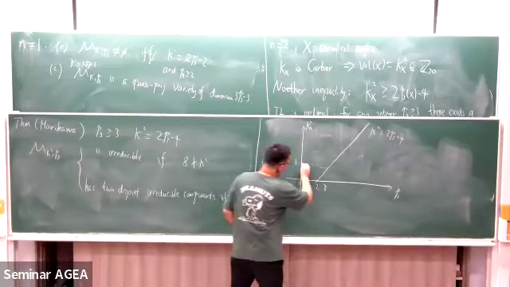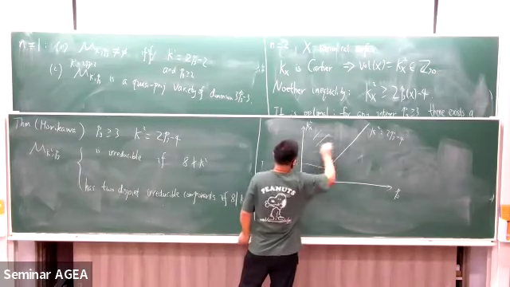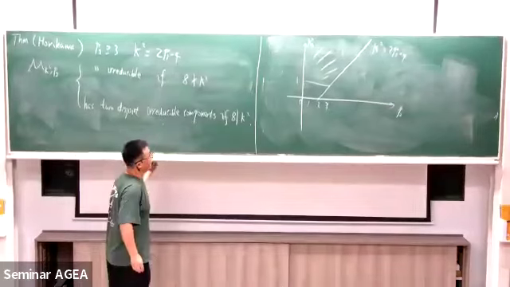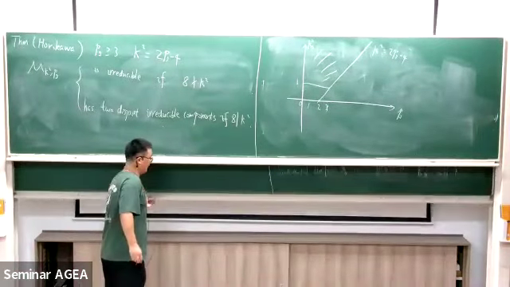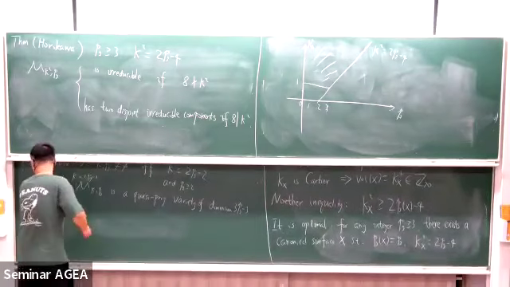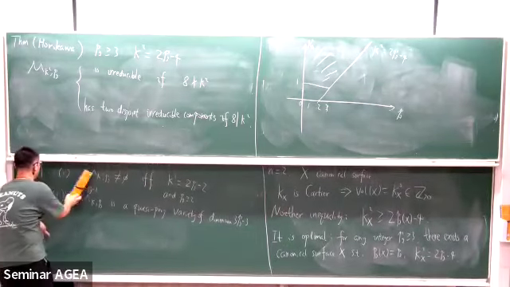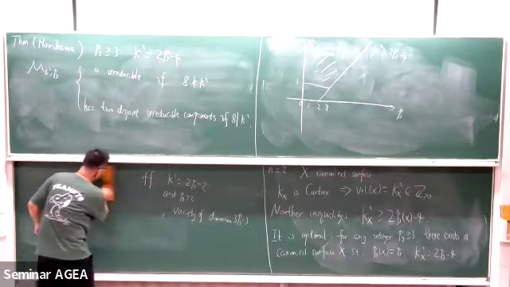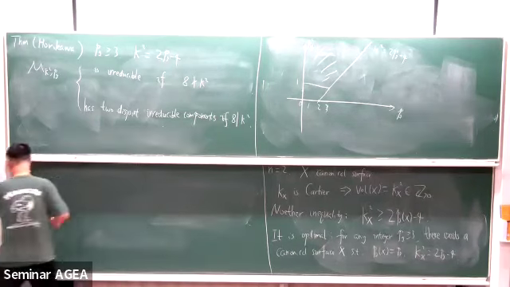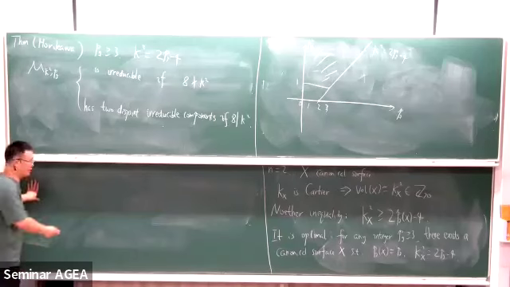So you will get the following picture. The invariants are here. And the case when p_g is 2 and the volume is 1 is also studied by Horikawa.